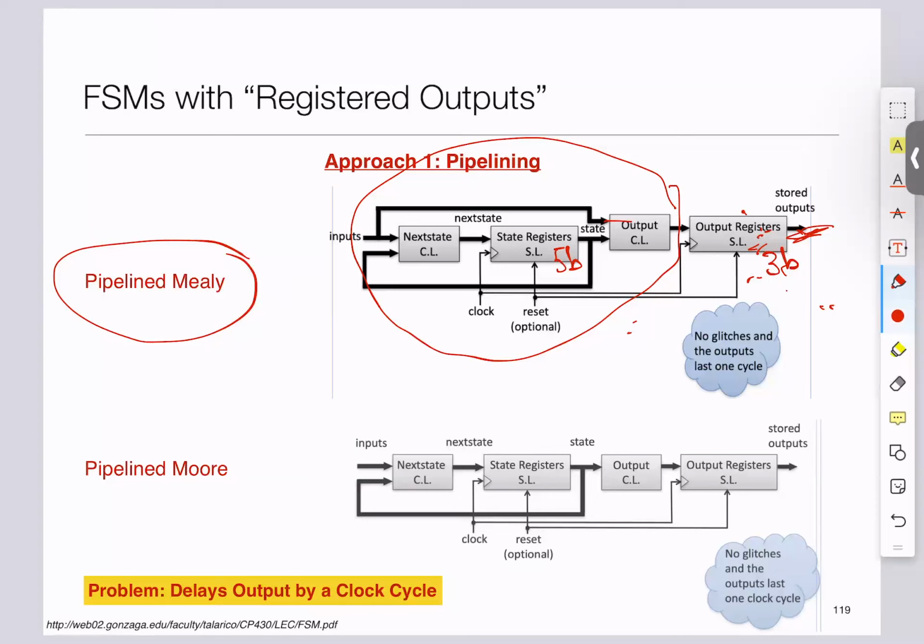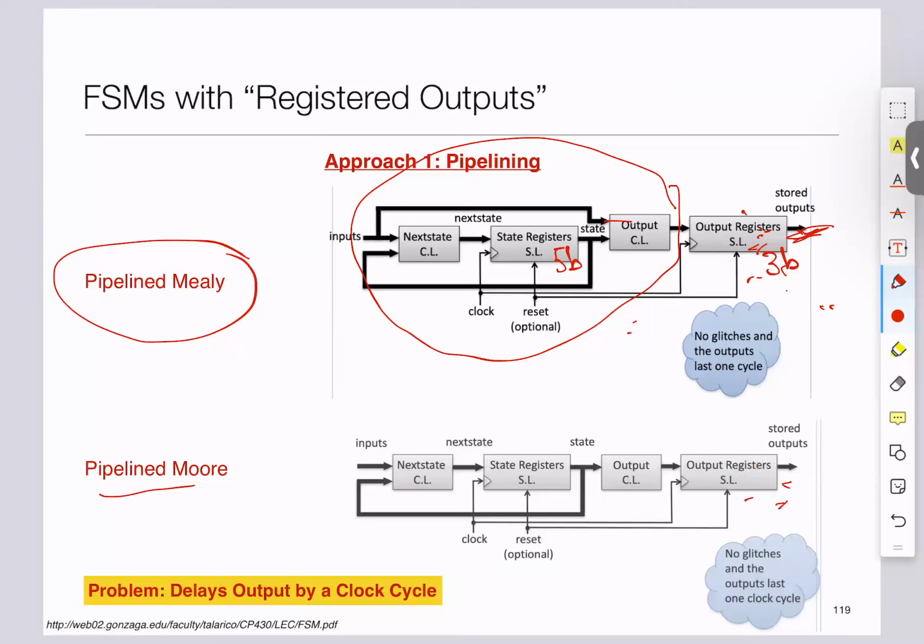There is another strategy, which is pipeline more, where I take a Moore machine and then do the same game, except now my outputs were already delayed and I'm delaying them one bit more. So this kind of machine, where taking a Moore machine and adding registers, is now making my design sluggish by 2 clock ticks.